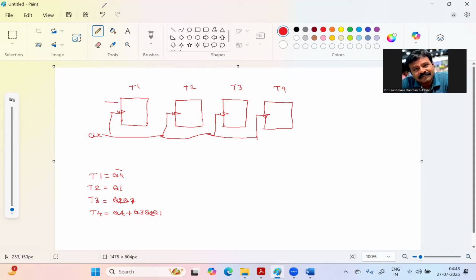Now we are having now T1. So this T1 is connected with Q4 dash. This is Q4 dash, right? Then this is Q4. This is Q1. This is Q2. This is Q3. Here we are having preset.